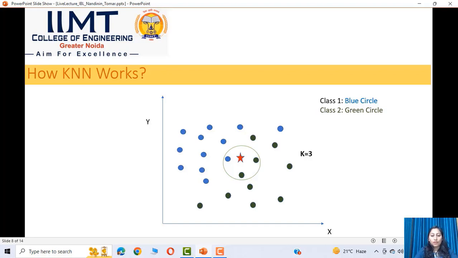Here, out of 3, 2 belong to the green circle class and 1 belongs to the blue circle class. As the majority of the nearest neighbors belong to the green circle class, we can conclude that our given query instance will also belong to the green circle class. This way classification is performed for the given query instance.